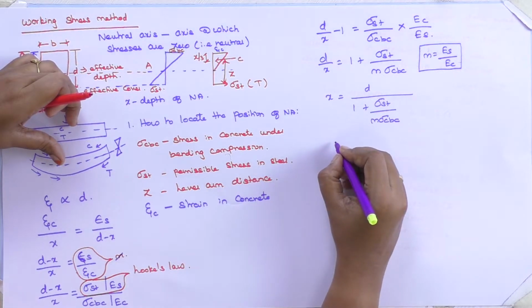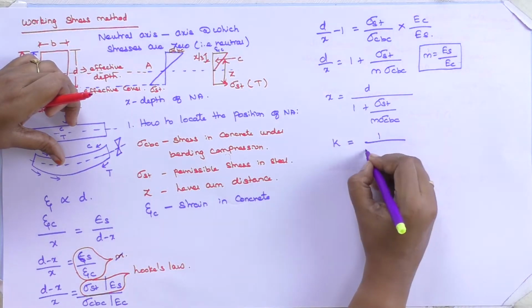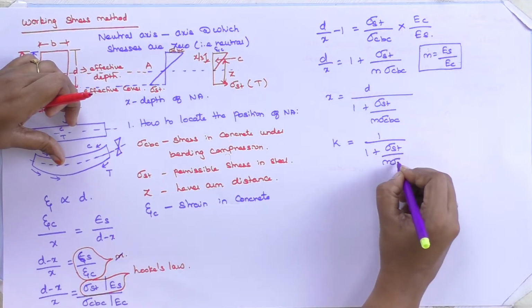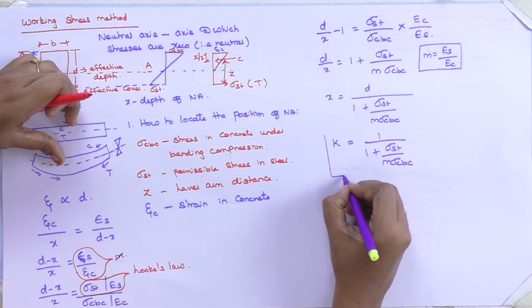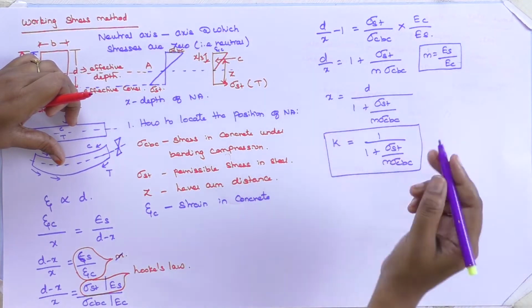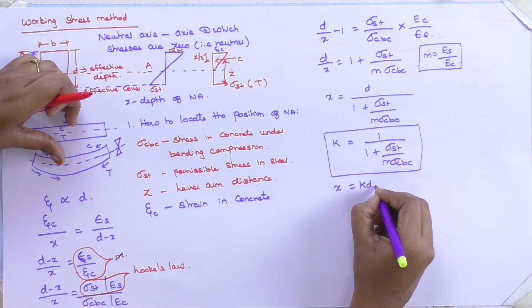So, I can call this as k. K is equal to 1 divided by 1 plus sigma st divided by m into sigma cbc. This is called as a constant value. K is nothing but a proportionality constant. Now I can call x is equal to k times d.